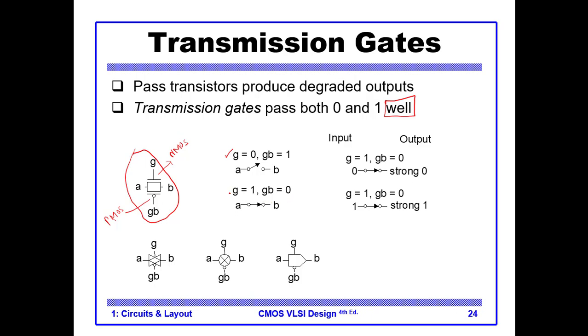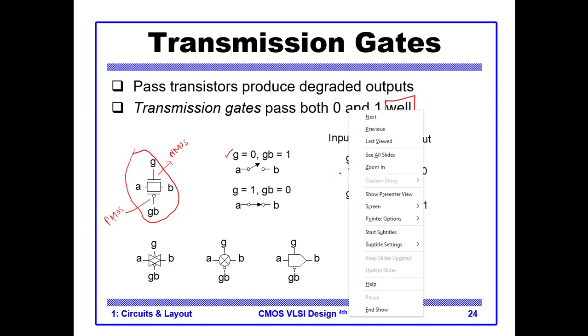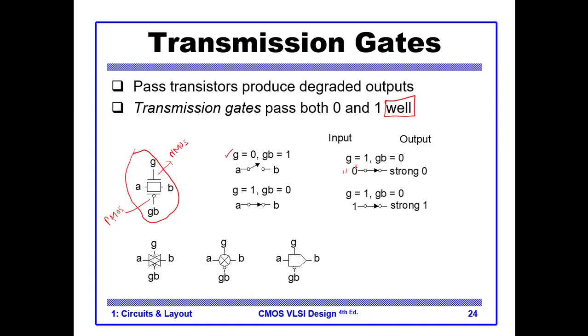When G is 1, the NMOS is closed, so we have a path from A to B. In that case, when we apply 0, it will pass a strong 0, and when we apply a 1, it will pass a strong 1.